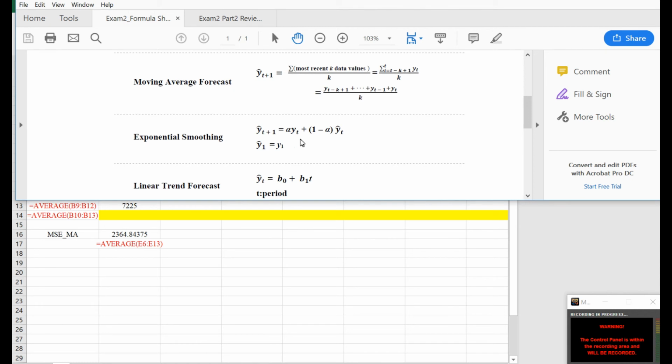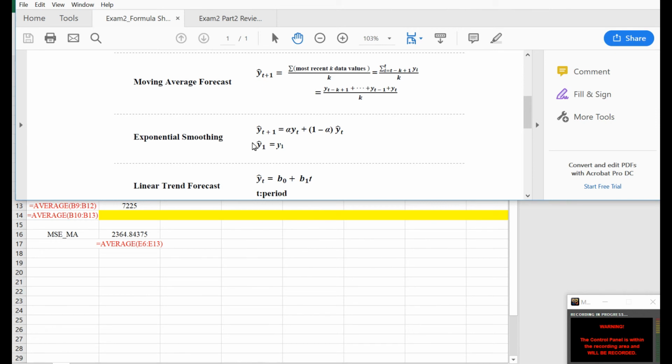This is actually an iterative process. The forecast at each period depends on the forecast at the previous period. So we have to start from period 1 all the way to period t+1, which here is, we have 12 periods, 12 plus 1 is 13.